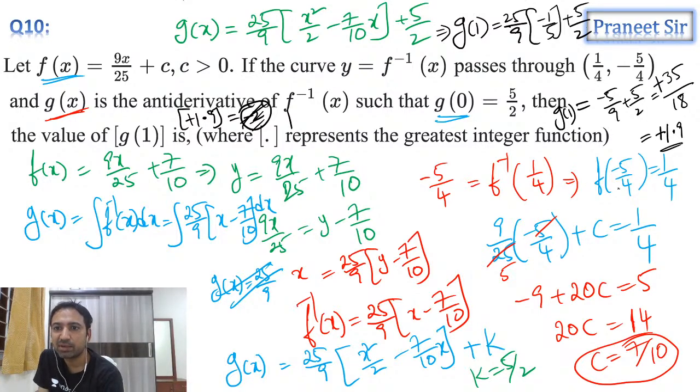Minus 5 by 4, 1 by 4. f of minus 5 by 4 is 1 by 4. When we multiply with 20, correct only. 7 by 10, everything correct only. Correct only, guys. Somewhere we are getting wrong.